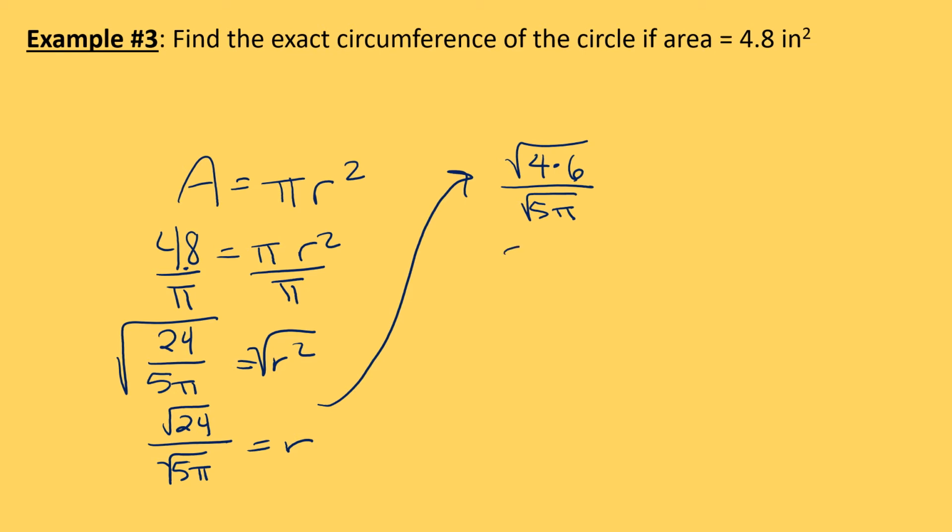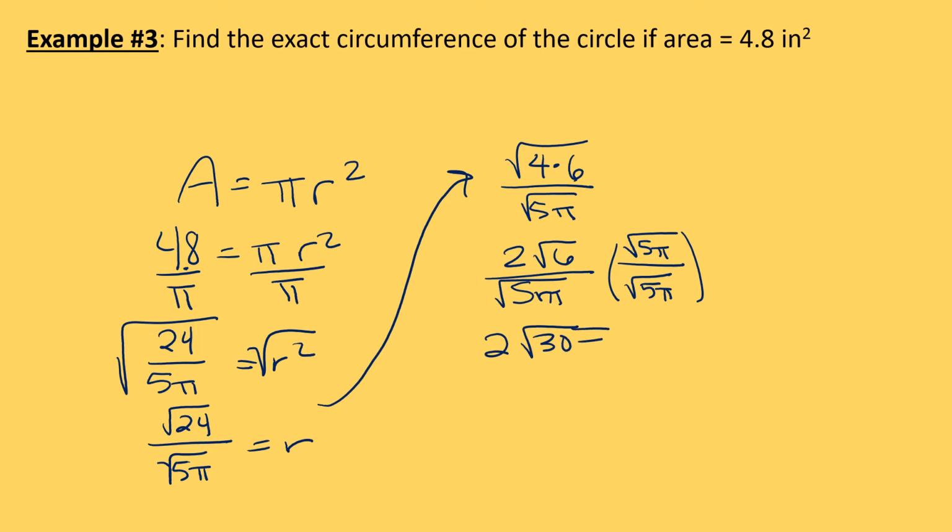The square root of 4 is 2. I cannot do anything with the 6. And I'm going to bring down my 5 pi. So now I can't have the square root of 5 pi in my denominator, so I'm going to go ahead and rationalize that denominator and multiply by the square root of 5 pi over the square root of 5 pi.